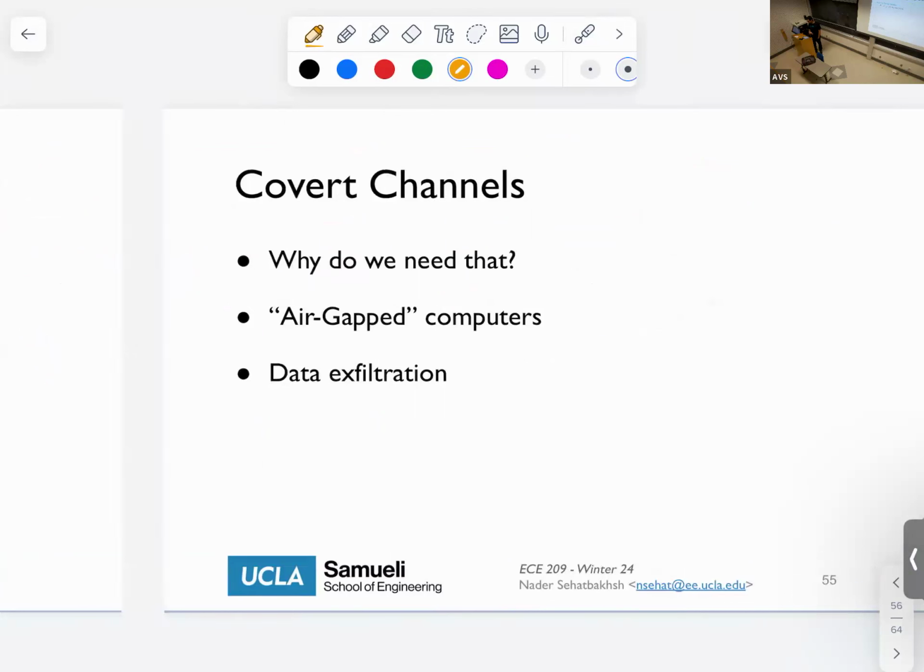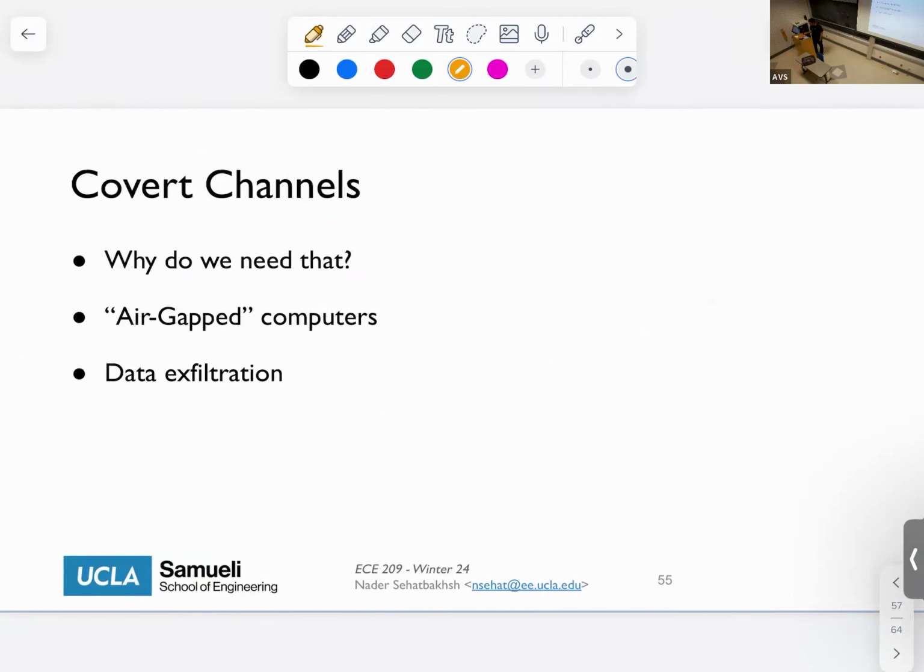Let me finish the discussion of side channels with covert channels. If you remember, I told you that there are two motivations for side channel attacks. One is that we use side channels to extract some secret from the device, or alternatively, I can use side channels to communicate secretly with some outside device.